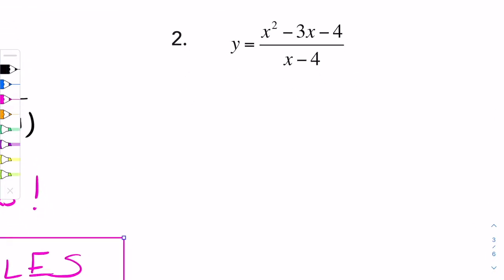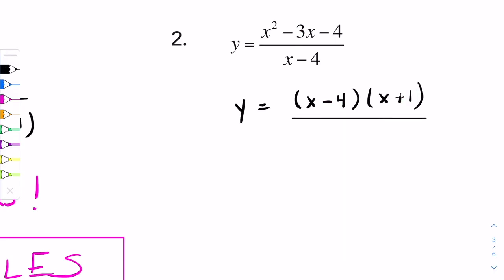Number 2 is x squared minus 3x minus 4 divided by x minus 4. When I factor my numerator, I factor this to x minus 4 times x plus 1. This is because negative 4 times 1 multiplies to negative 4, and negative 4 plus 1 adds to negative 3. This is divided by x minus 4.